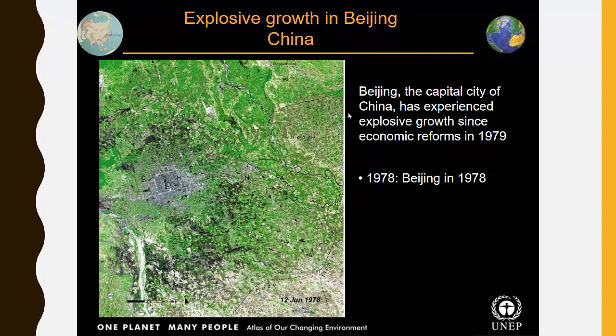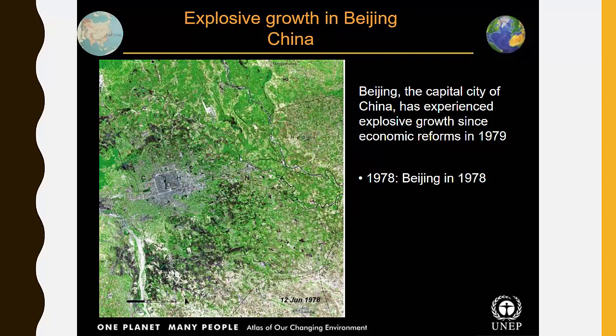All right. So let's take a look at some maps here. Obviously, the gray area would be your built-up area. So we're looking at Beijing, China here. Obviously, some massive growth in Beijing. There've been economic reforms. There've been, obviously, political reforms that have led to economic reforms, I guess, is a better way of saying it.